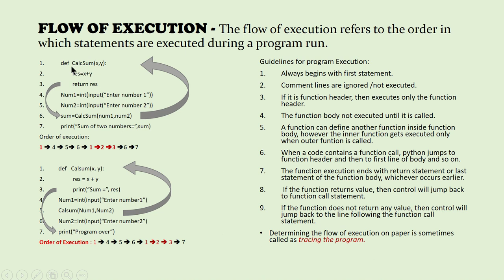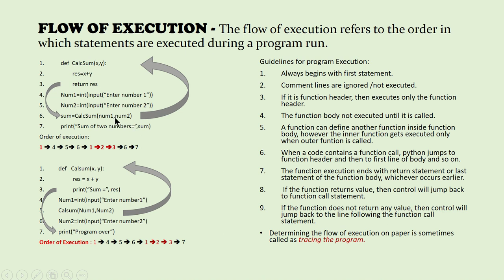Then num2, that is line number 5, gets executed, and then sum = calc_sum(num1, num2). This is a function call statement.